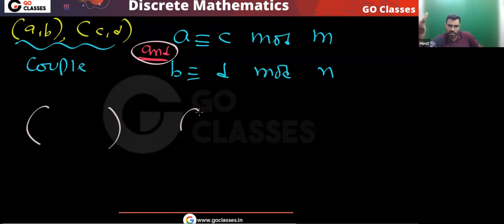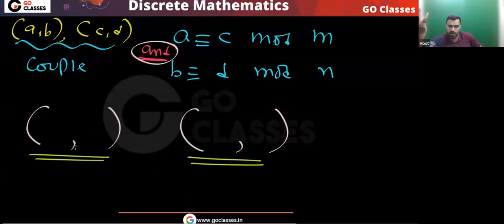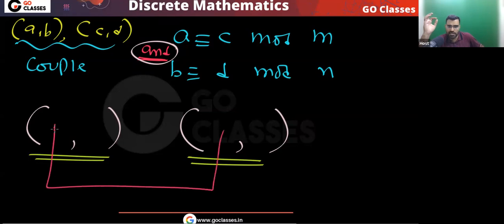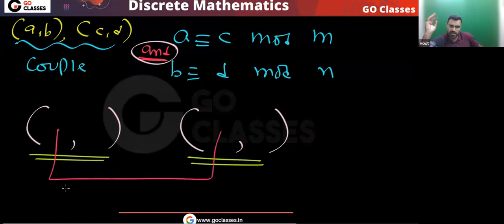Means this ordered pair. Tell me what you will check. When I give you 2 ordered pairs, what will you check? You will check what remainder they give when you divided by m, and what remainder they give when you divide by n. Yes or no? You will check the remainder when divided by m, and the remainder when divided by n.